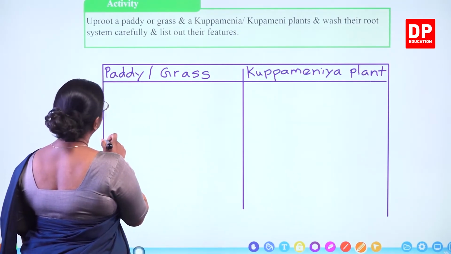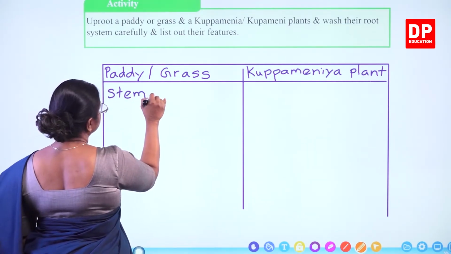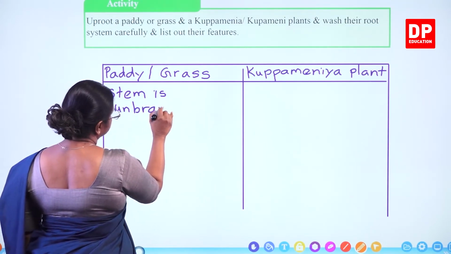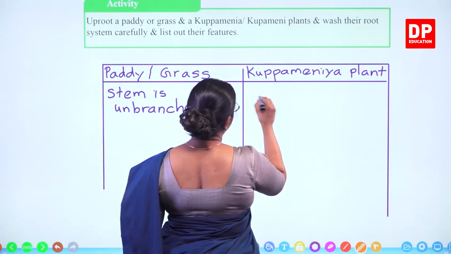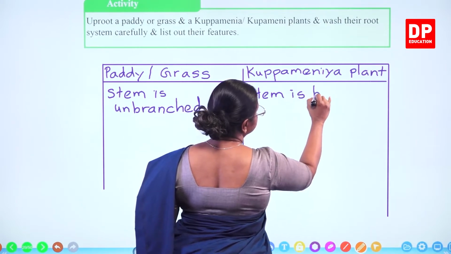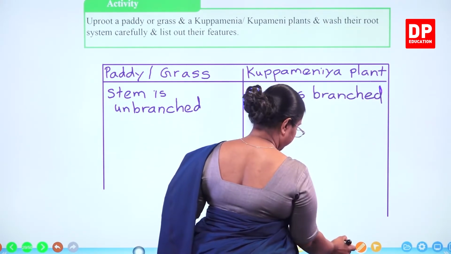So in the paddy or grass plant, the stem is unbranched. Whereas in the Cupomania plant, the stem is branched.